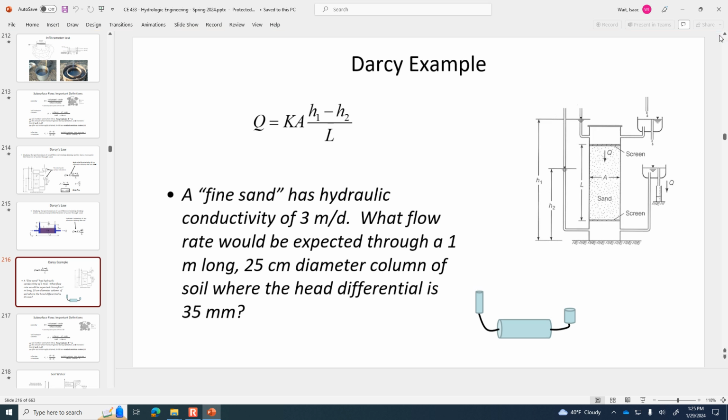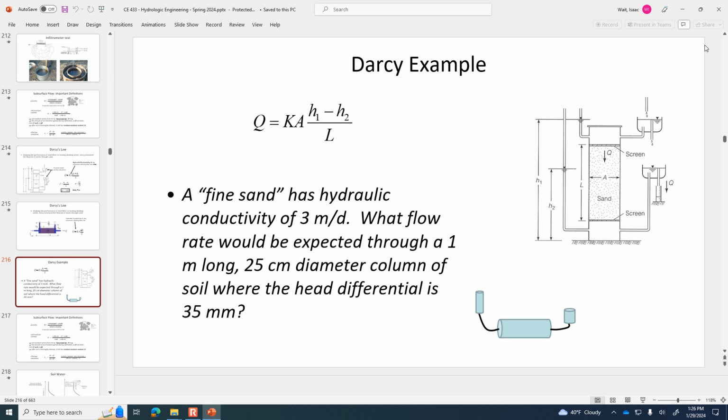Okay, so I've written on the whiteboard here that the cross-sectional area is 0.04909 square meters, and the delta H is 0.035 meters. So if we multiply the 3 meters per day hydraulic conductivity by the cross-sectional area of 0.04909 square meters, and then 0.035 meters of head differential divided by 1 meter of length, that gives us 0.00515 cubic meters per day.